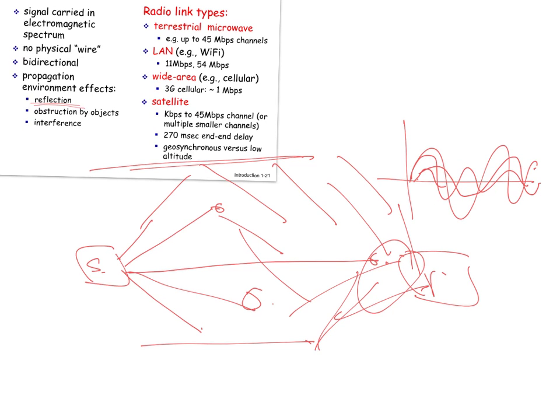So the receiver here has to use special filters with special noise cancellation effects, different techniques to decode this signal and convert it into the digital bits that we can use. Okay.